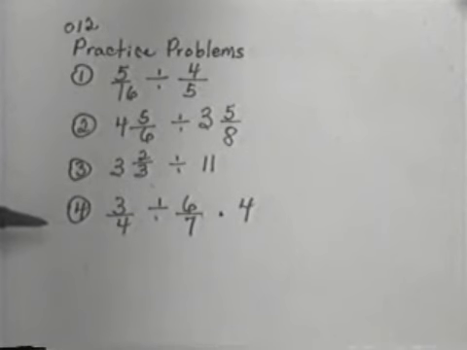Number 4, 3/4 divided by 6/7 times 4. Stop the tape to do the problems.